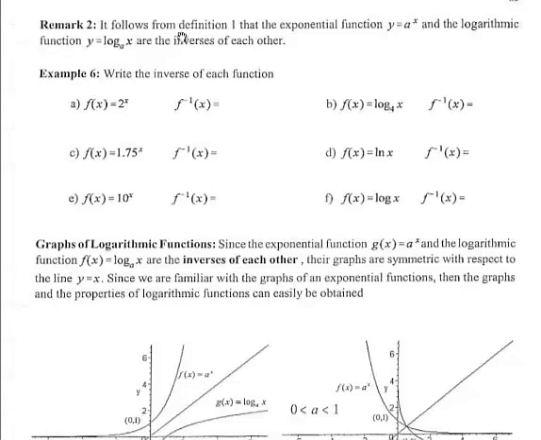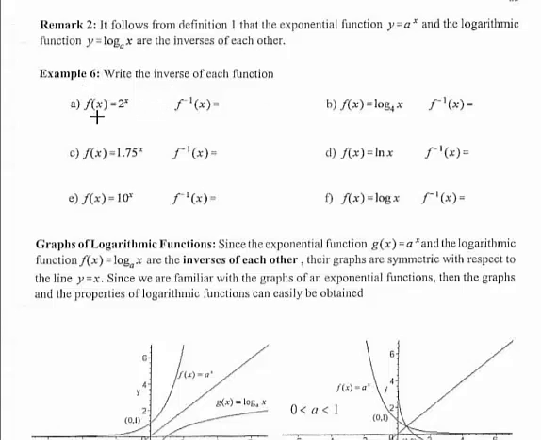Alright, so this remark is simply pointing out that these two functions are inverses of one another. With that being said, we are given an exponential function on the left in example 6, and so we want to write the inverse of each of these.